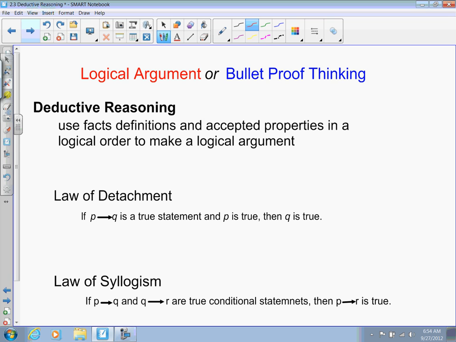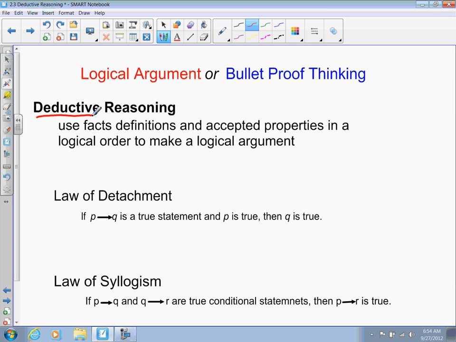So the whole point of looking at conditional statements is how our geometry book is set up using deductive reasoning, and with that deductive reasoning, we have a lot of conditional statements. We have a lot of theorems that say, if this is true, then this is true.